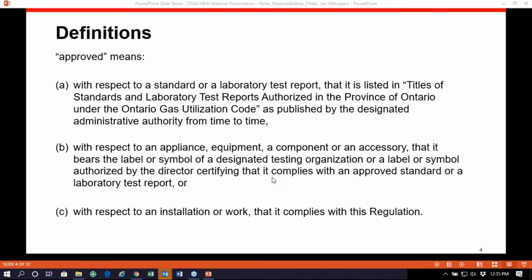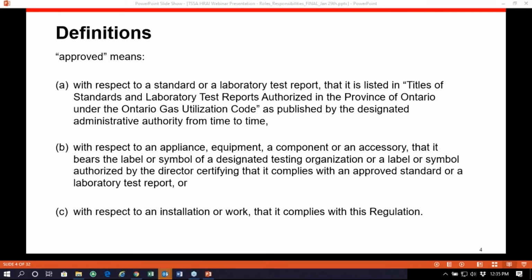With respect to an appliance or equipment, component, or an accessory, it bears the label or symbol of a designated testing organization or a label or symbol authorized by the director certifying that it complies with an approved standard or a laboratory test report. And with respect to the installation or work, obviously that it complies with the regulation.